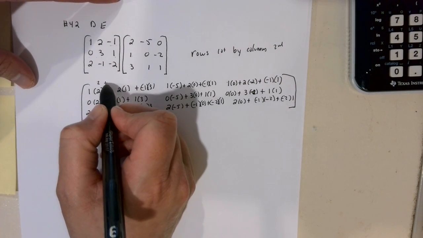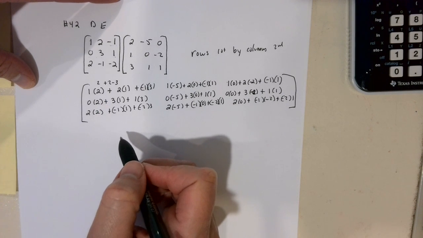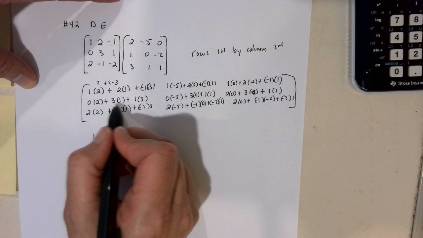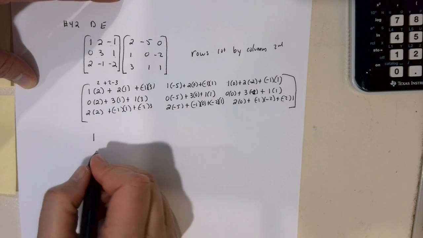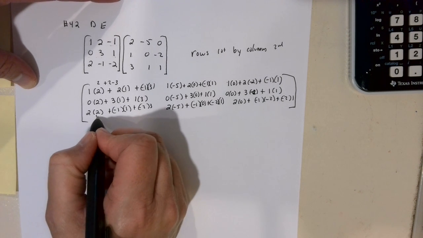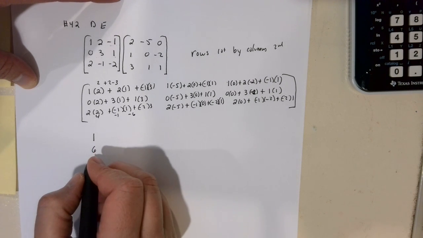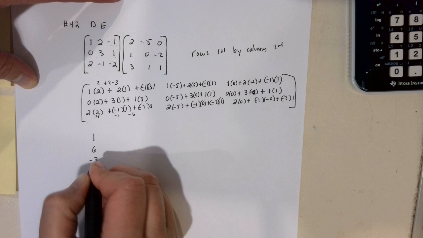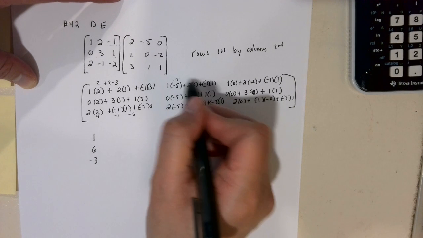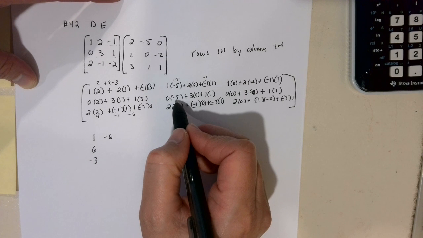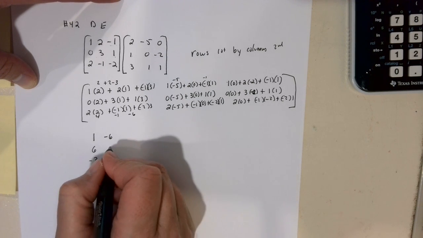So we're going to have 2 plus 2 and negative 3. So 4 plus negative 3 is 1. I've got 0, 3, and 3. That makes 6. I've got 4, negative 1, and negative 6. So that is going to give me a negative 3. Here I've got negative 5 and negative 1 is negative 6. Here I've got 0, 0, and 1.